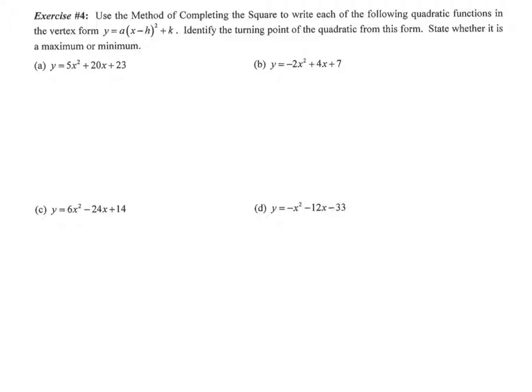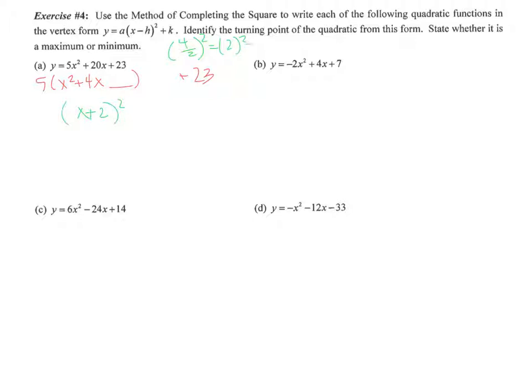So let's try this again with a couple more. We're going to take 5 out, and we have x squared plus 4x, and we don't know what the c is yet, but we know that we do still have a plus 23. So 4 over 2 squared becomes 2 squared, so I know that I'm going to have an (x plus 2) squared.